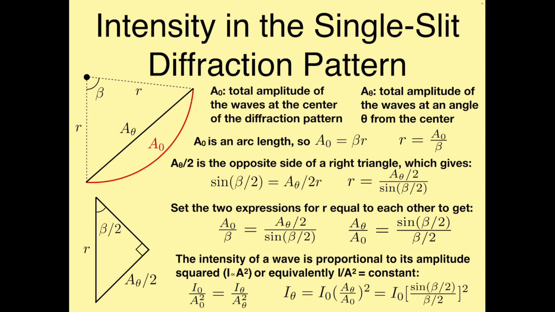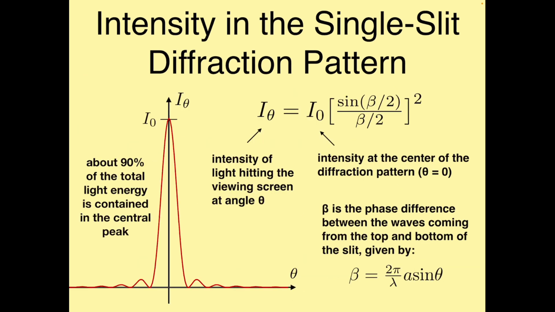So I can actually use this to get the intensity at some angle theta if I know the intensity at the very center of the pattern, and then I know this beta quantity here. So to summarize, this is our result. I theta is equal to I0 times sine of beta over 2 divided by beta over 2, squared.